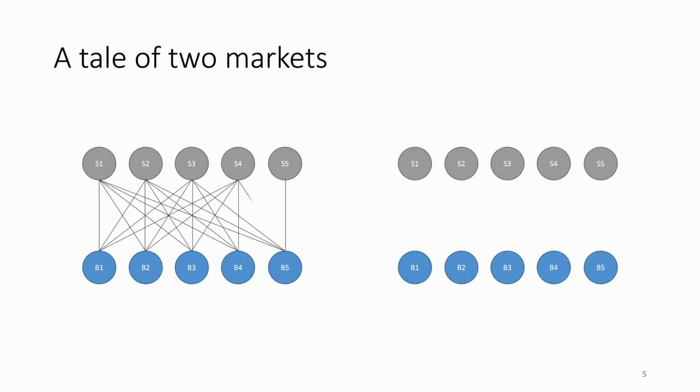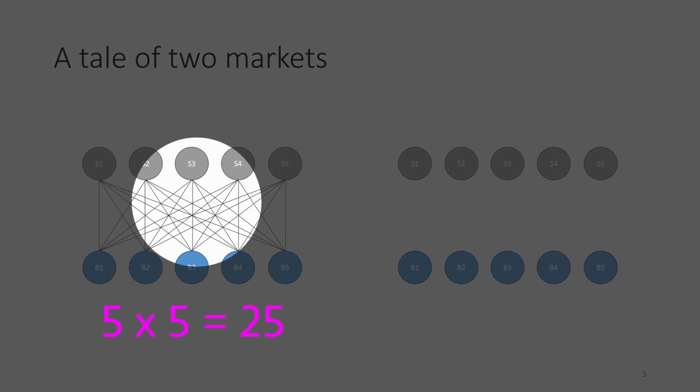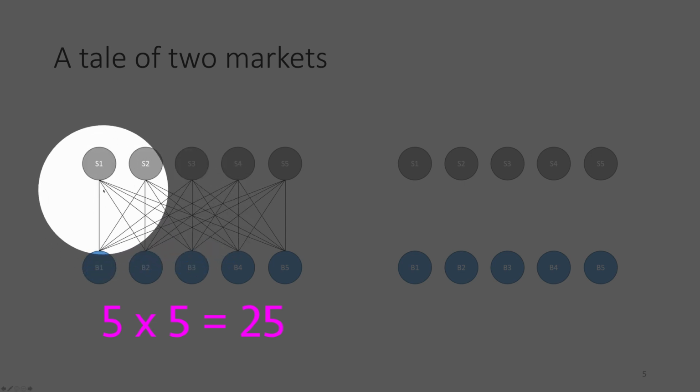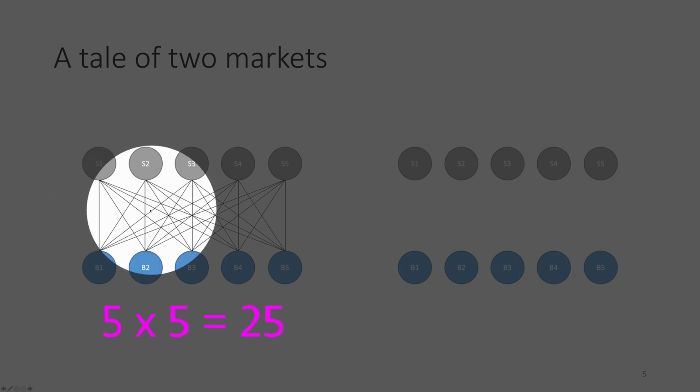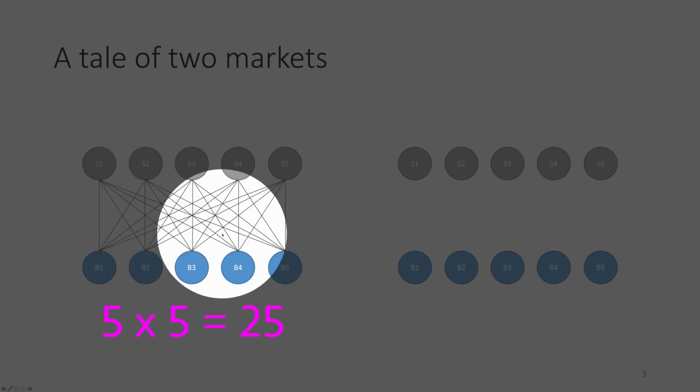Since we have 5 buyers and 5 sellers, the total number of connections is 5 times 5, that is 25 connections. The downside of a market like this is that it is extremely costly for the market to be fully functional, because each seller needs to develop 5 different relationships to sell the products.